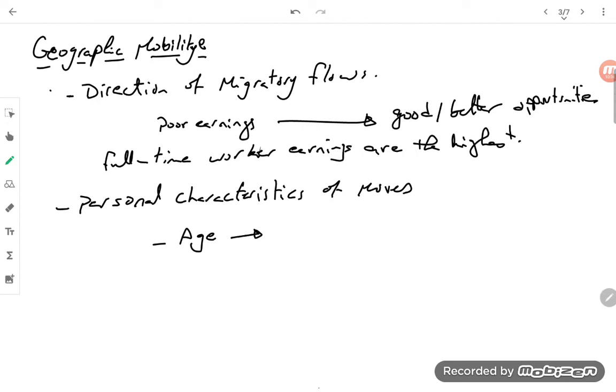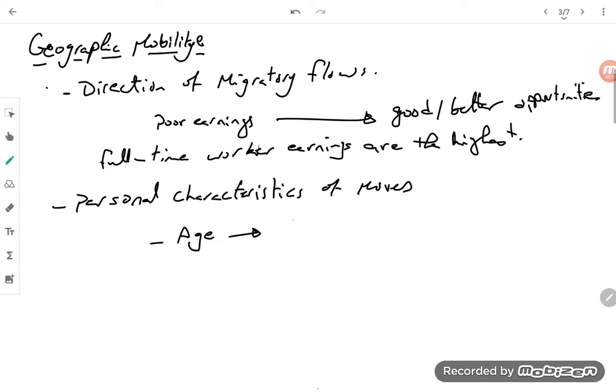Younger workers have a good opportunity to move from one country to another for a number of reasons. They can have a better job in the other country. They can be productive in the other country. They are going to work longer time periods, so the benefit from their investment is going to be higher than their cost.